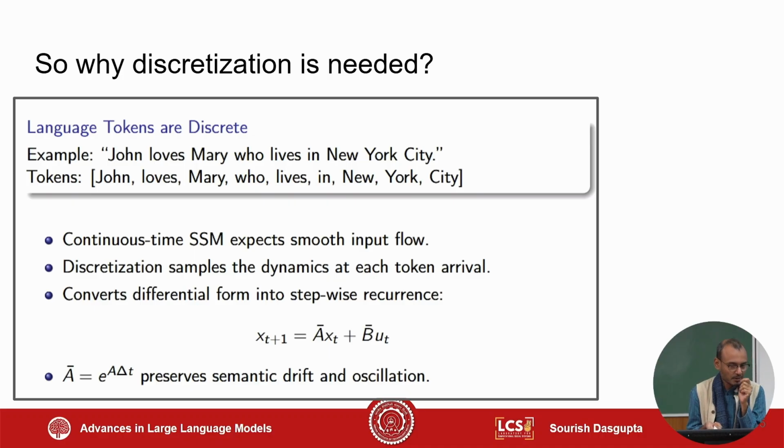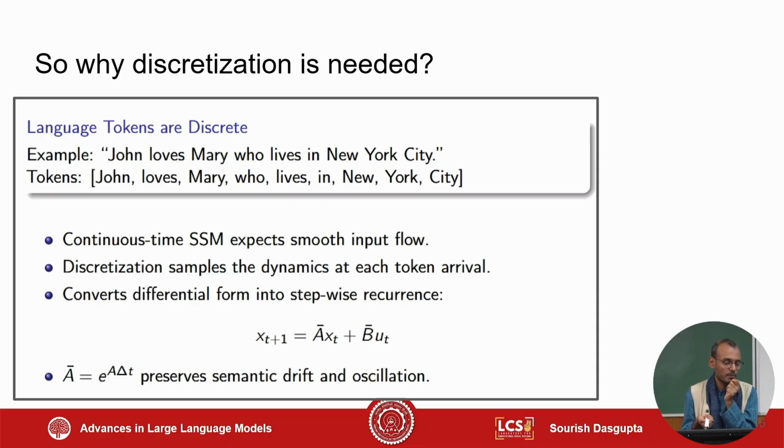So instead of writing dx/dt = Ax(t) + Bu(t), we want to write x_{t+1}, which is what the state is going to be at the next step. We want to convert that equation, the ODE, into this update equation. That is what we want to do, and we will see how we do it.